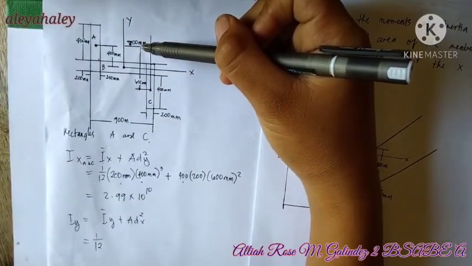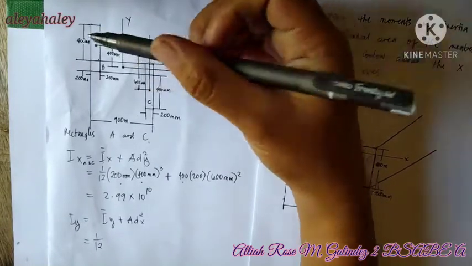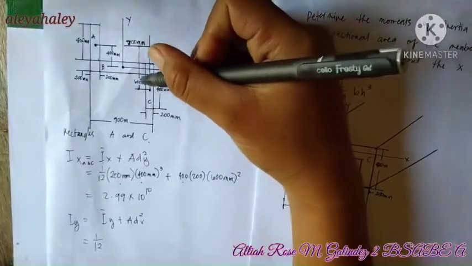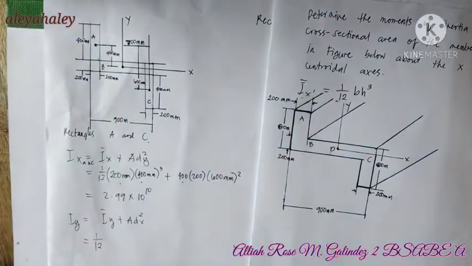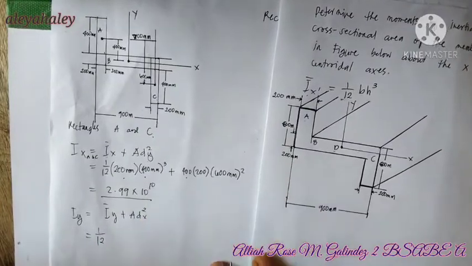The measurement from the centroid of rectangle A to C, we have 600 squared. So we have this 2.99 times 10 to the power of 10.